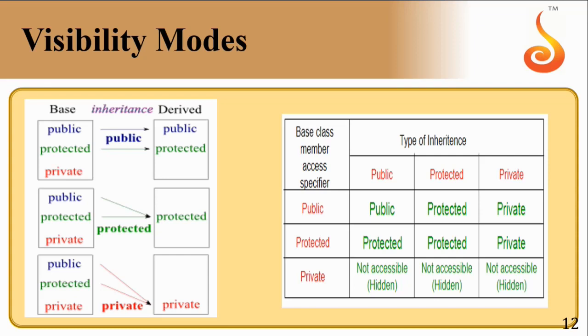And if the type of inheritance is private, public will go to the private section of the derived class. Protected will go to protected in the case of public inheritance. Protected goes to protected in the case of protected inheritance, and protected goes to private in case of private inheritance, and private data is not accessible whatever the visibility mode may be.